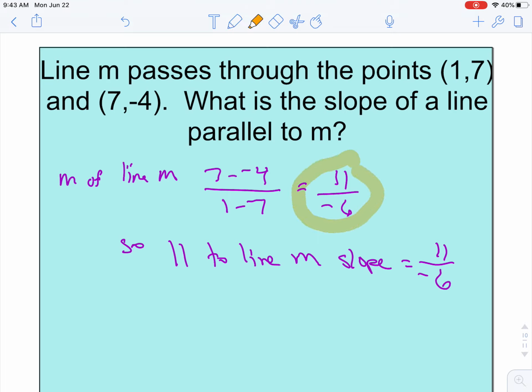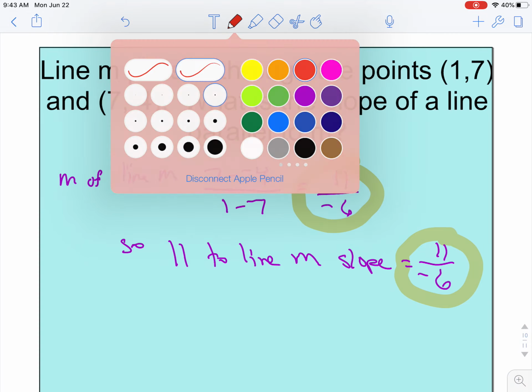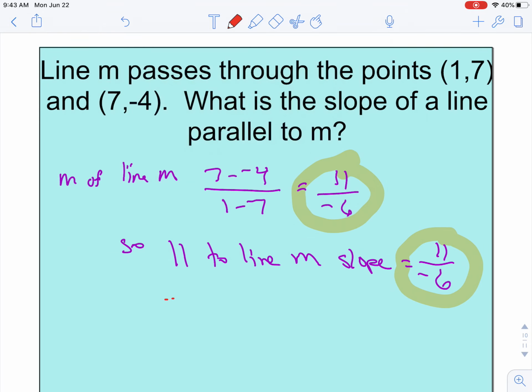So this is the slope of M, and this is the slope of a line that is parallel to M. And if we were asked to find the slope of a line perpendicular to M, so the slope of the line perpendicular to line M would equal the opposite reciprocal, so it's going to be positive 11/6.